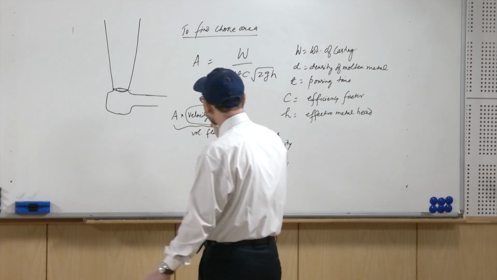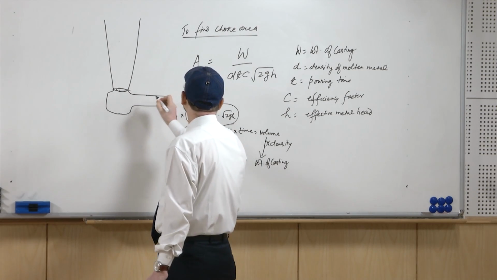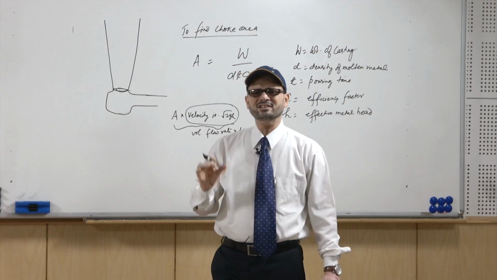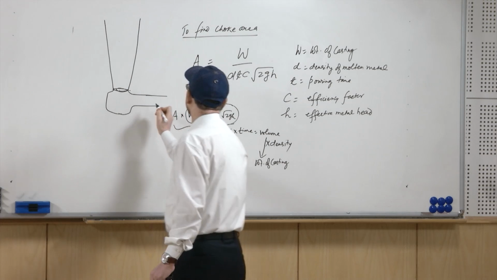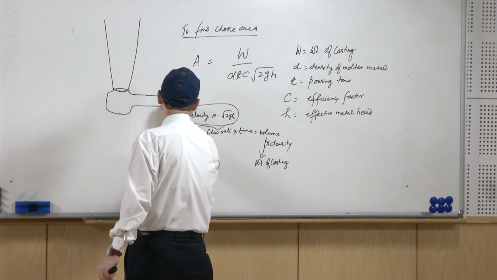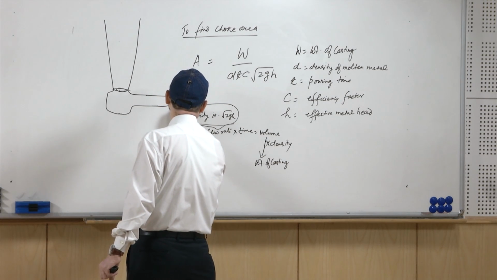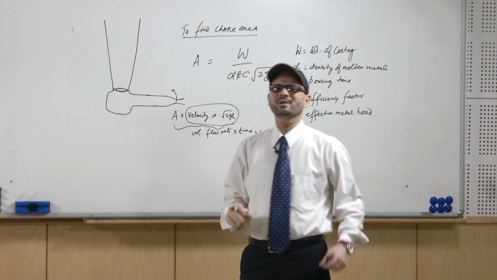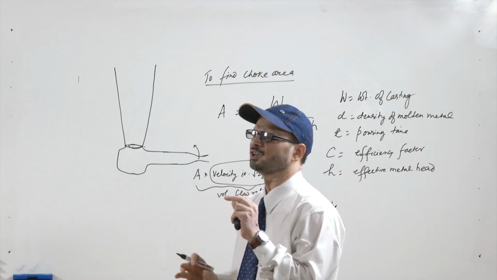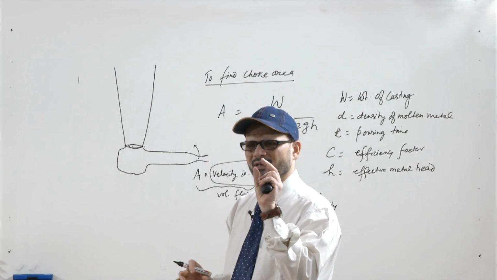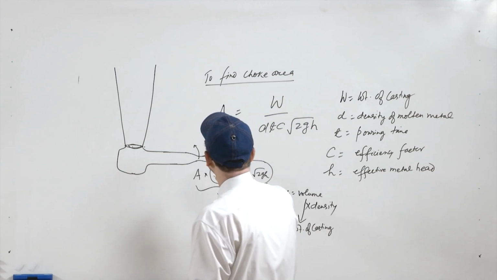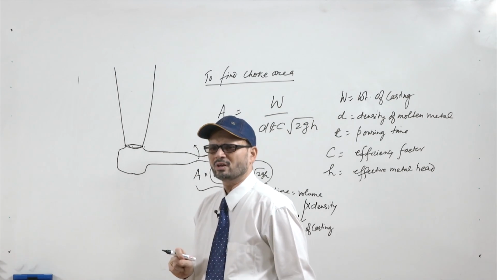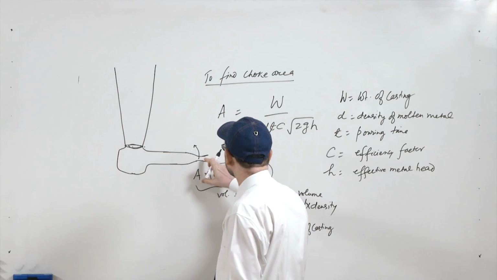Whereas, you can have a case where in the later region you have a portion with the minimum cross section. This is the portion which has the minimum area, so that is basically working as a choke. That controls the flow rate.